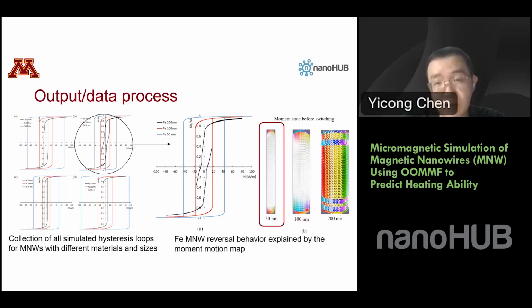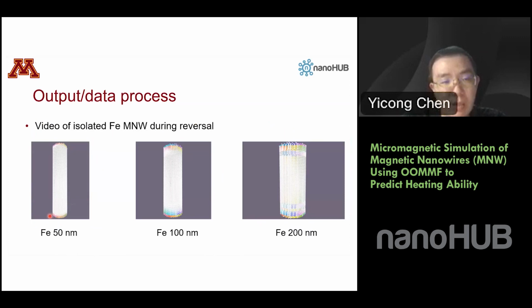And this can, to some extent, explain the different shapes of the hysteresis loops. Also, thanks to the MNW display function, we are able to make some movie clips for the whole reversal process.